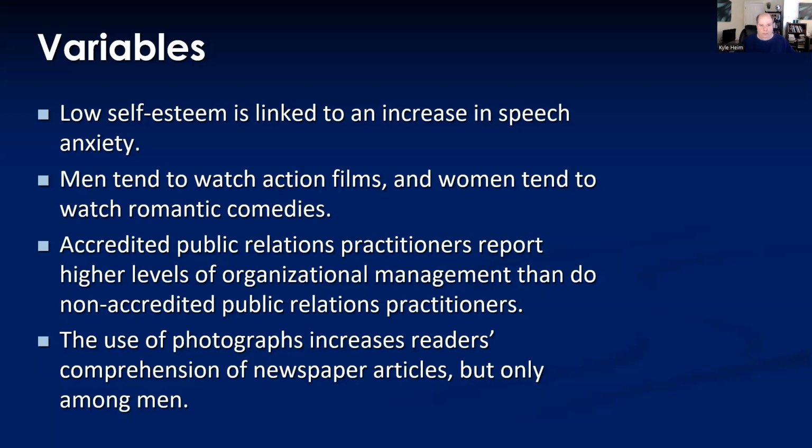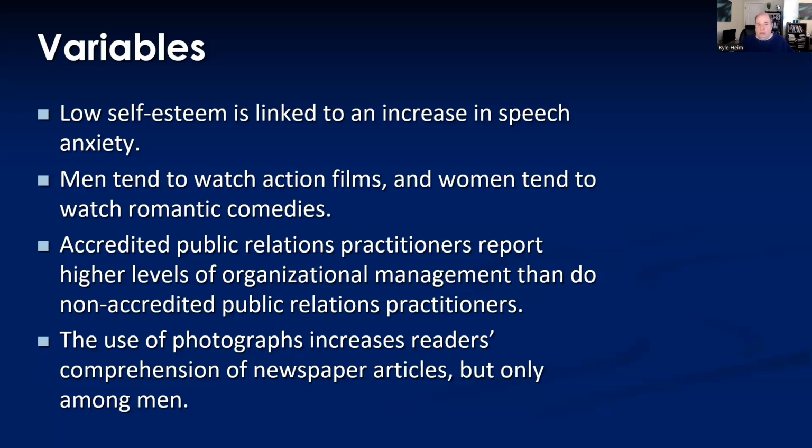Let's look at the third example. Okay, this one gets even more complicated. Accredited public relations practitioners report higher levels of organizational management than do non-accredited public relations practitioners. Now, you might look at that sentence right away and say, well, I know public relations practitioners has got to be one of those variables. It is not.